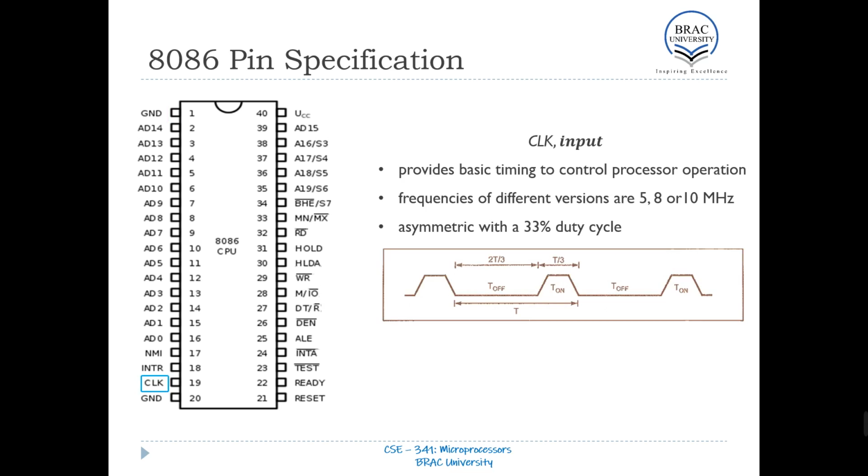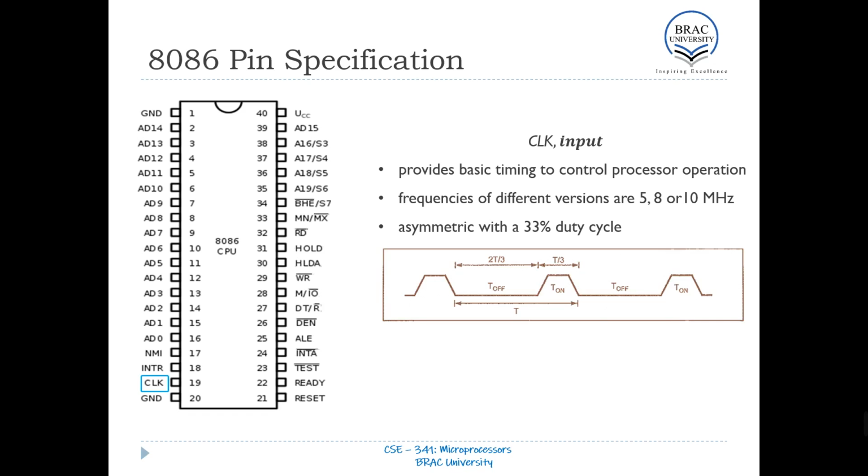8086, like all other ICs, needs a clock impulse. This input controls the operation of the microprocessor. It synchronizes the different parts of the microprocessor to function together correctly.